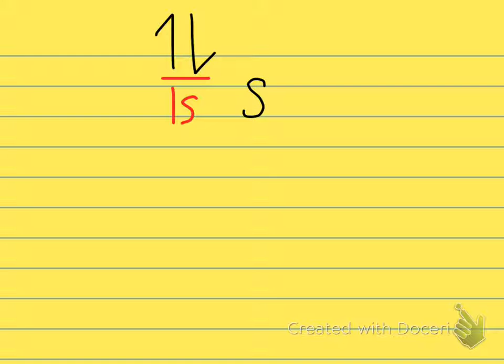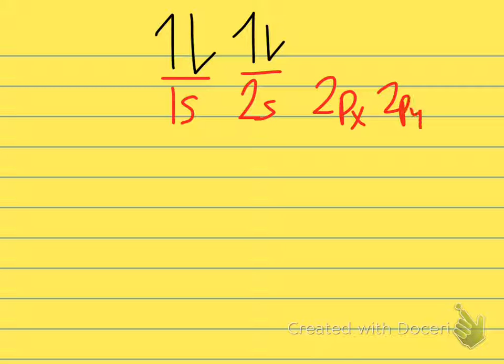And then if we have some in the 2s, we can say we have 1 up and 1 down. And if we have some in the 2px, the 2py, the 2pz, well, before we can do that, we have to go to our next rule.